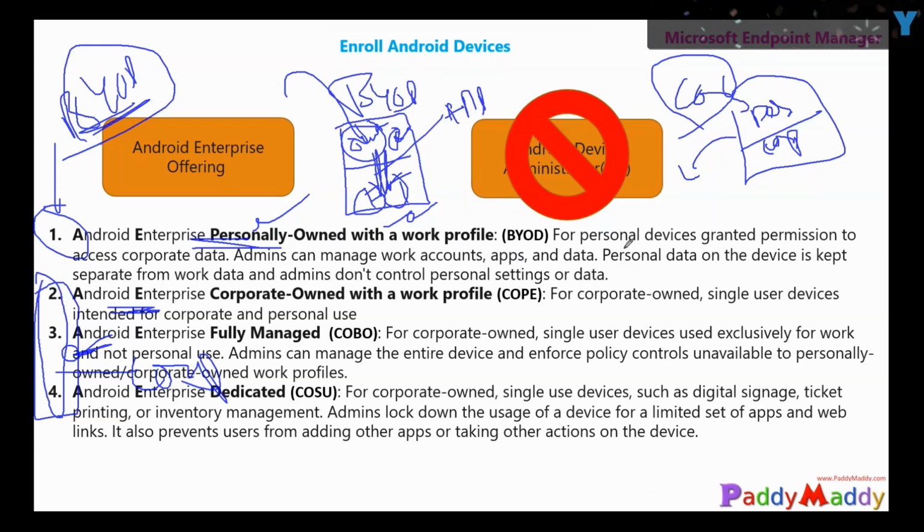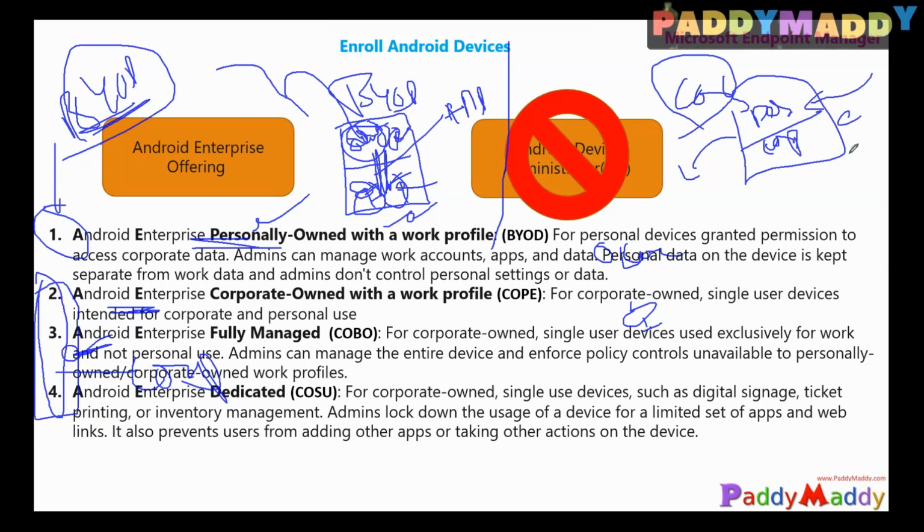In both cases, you would see the lock symbol on every corporate application. It's one and the same, but the major difference is that here you can only wipe the company applications, not personal applications, while in this case you can even reset the entire phone. That is the second case.